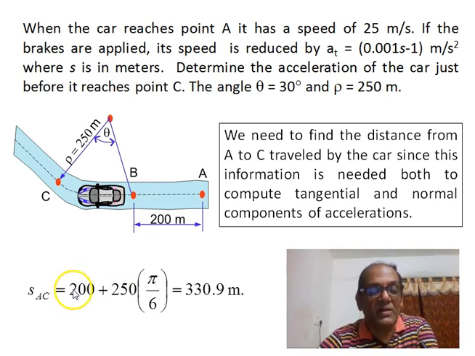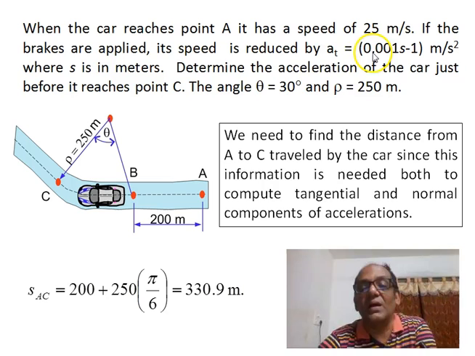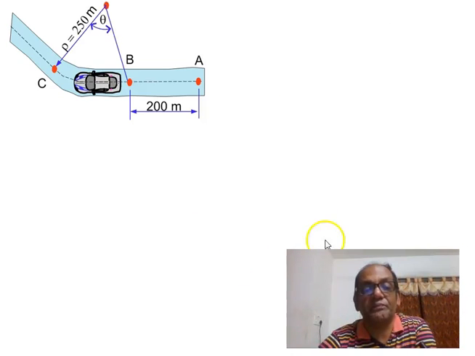AB is 200 we have here, and BC is the circular arc, 250 multiplied by pi over 6, r multiplied by theta. So we have S_AC as 330.9, the total distance traveled from A to C, while it is decelerating with tangential acceleration given by the expression there.